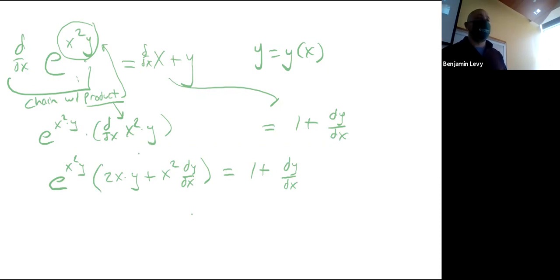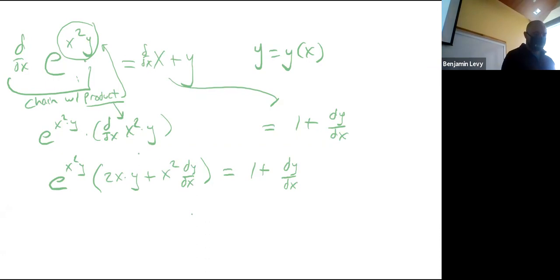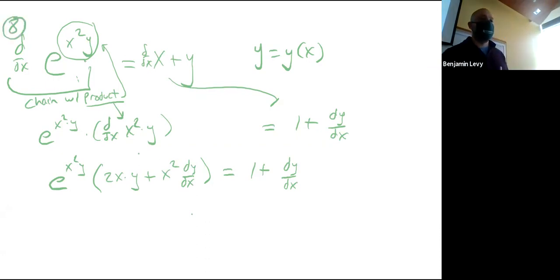Was it telling you y prime? Sorry, let me get rid of this here. I understand the factoring it out and setting it equal to y prime, but I still didn't get the right answer.